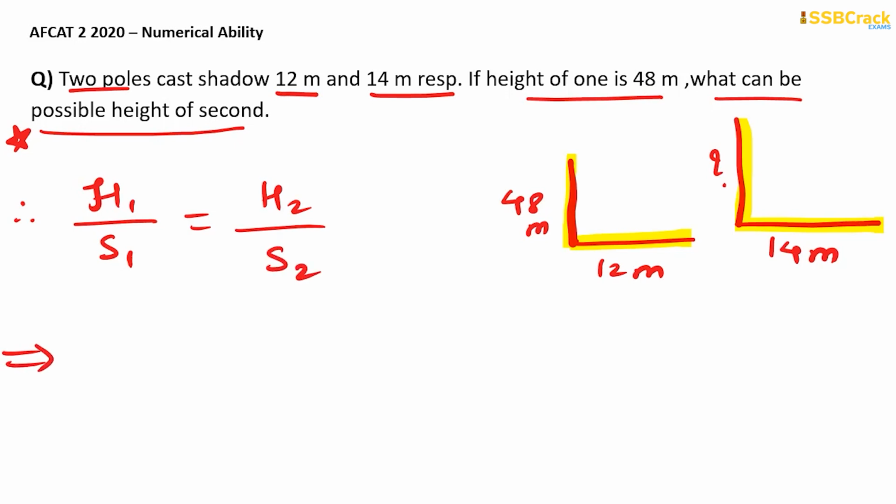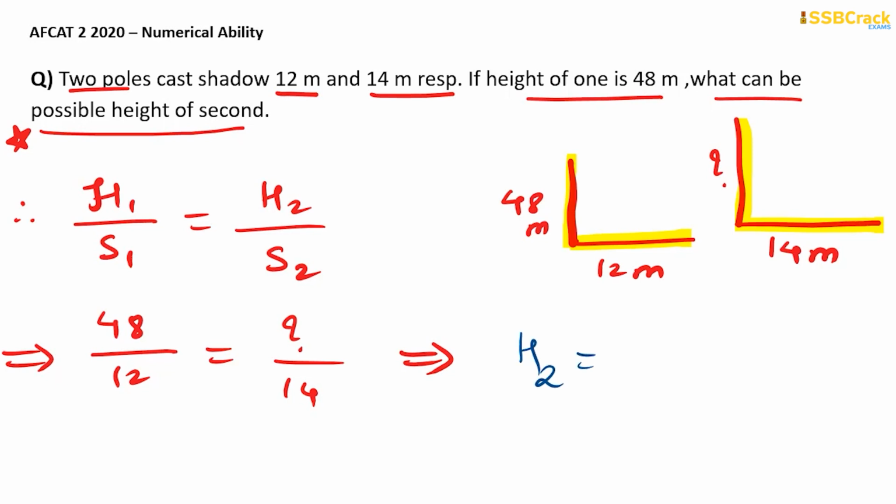So accordingly we can check one of the possible heights: 48 by 12 is equal to the unknown, that is h2 upon 14. So we can do cross multiplication here to get h2, the height of the second pole, right? So that comes out to be 48 into 14 upon 12. So 12 1s are 12, 12 4s are 48, and you know that 14 4s are 56.